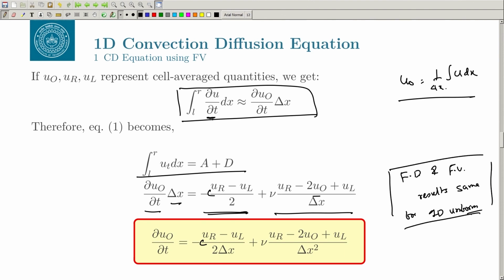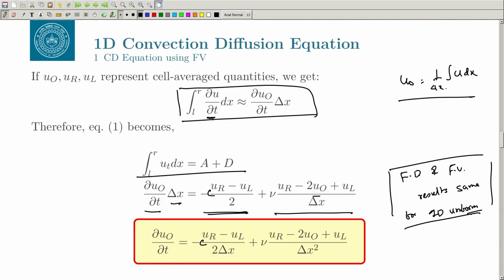So, in finite difference we just use the discretized scheme on a differential equation. In the finite volume we integrated those equations, okay, and then we used appropriate definition for getting the value at the face and the gradient at the face, okay, and we found out that both give you the same thing. Okay. Of course, when you want to code it, you can code it in a different way.